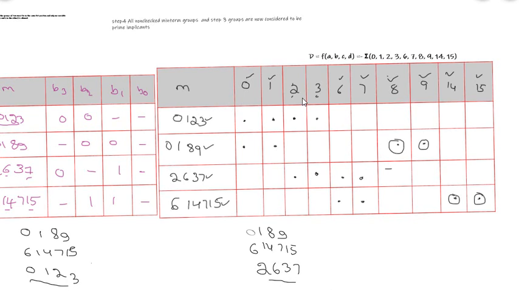When you check the columns of these two essential prime implicants, 2 and 3 are not covered. So we have to take an equation that covers 2 and 3, but here both groups can cover it, so we cannot take both, any one group we can take.